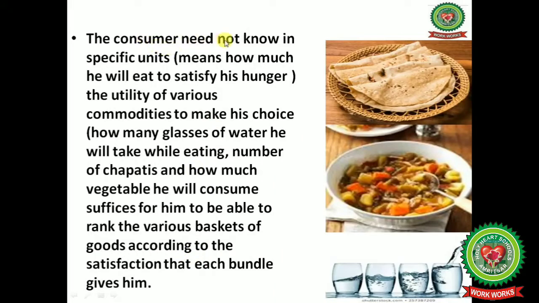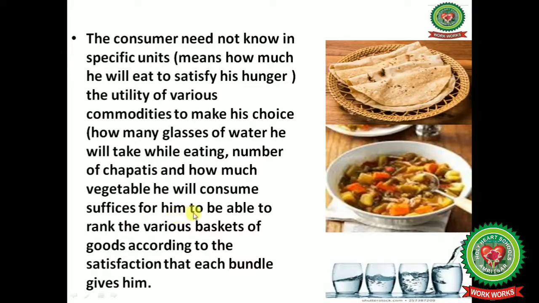The consumer need not know in specific units how much he will eat to satisfy his hunger, or the utility of various commodities to make his choice, that is, how many glasses of water he will take while eating, the number of chapatis and how much vegetable he will consume.